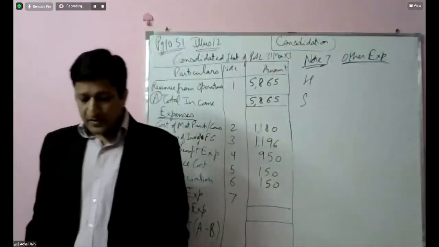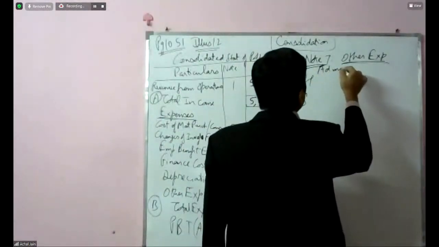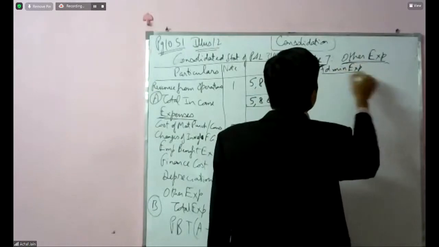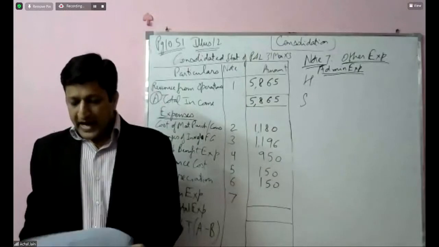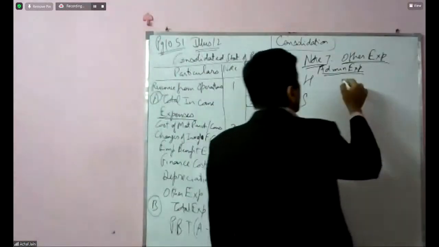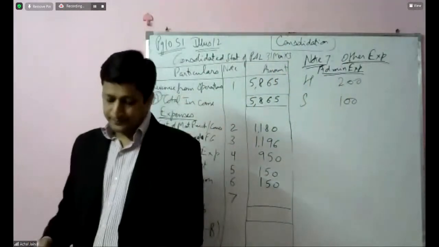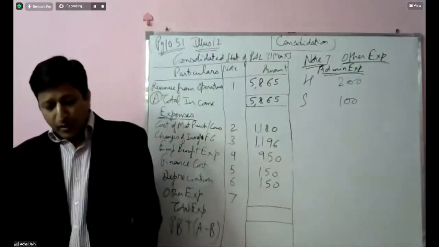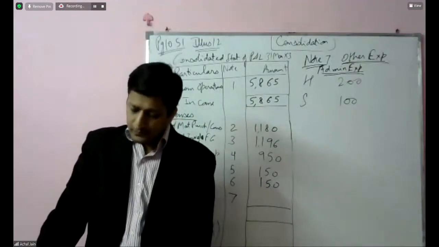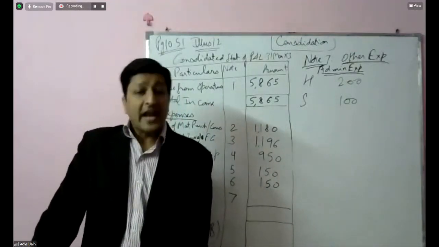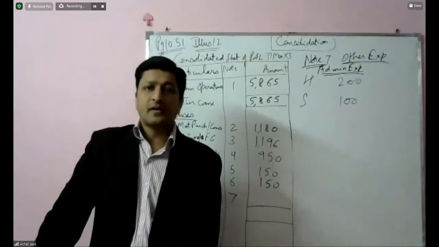So in terms of other expenses, we can start with administrative expenses. 200 and 100 for H and S. From this, we need to make one intercompany adjustment. Administrative expenses of S Limited were incurred in respect of intercompany transaction.